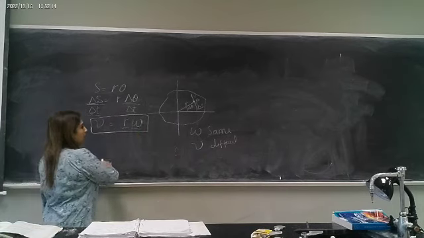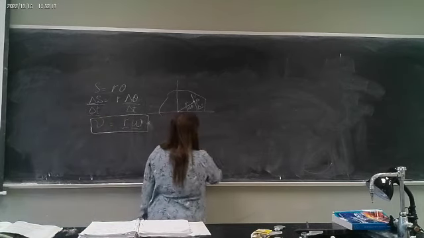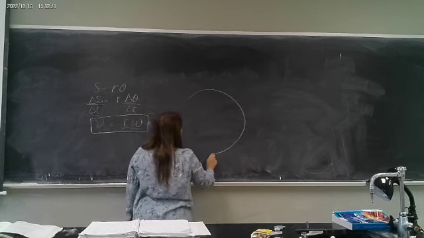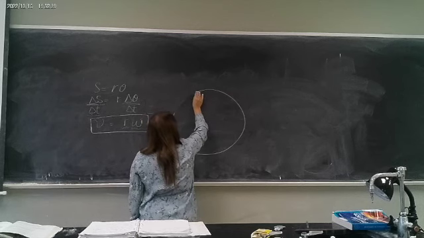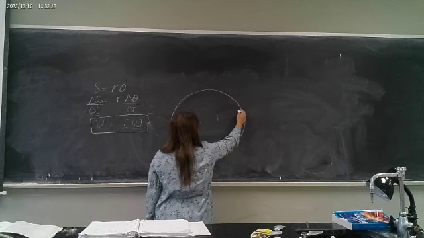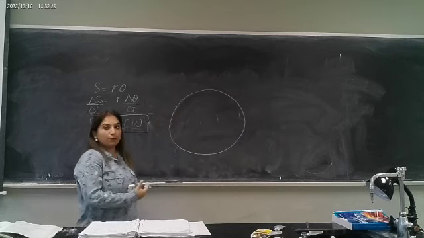For example, we are very well familiar with a ride called the merry-go-round. On the merry-go-round, we know that it's being rotated, and there are different riders at different distances from the center.